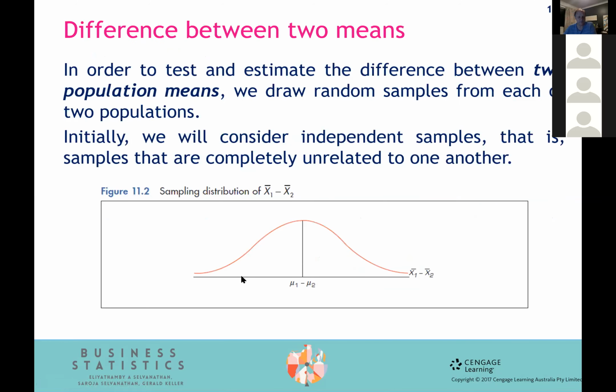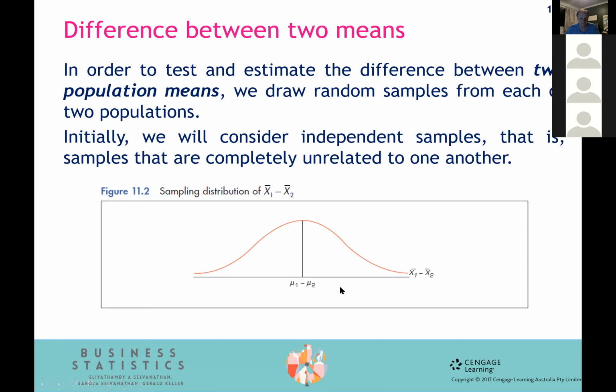Okay, let's look theoretically. We now know that the sampling distribution of the two populations, x bar 1 and x bar 2, will look something like this. It will again give us a distribution. Can you see, if I calculate the average of the one population minus the average of the other population, and I draw two different samples and calculate this same calculation, I'll end up with a distribution of answers like this.